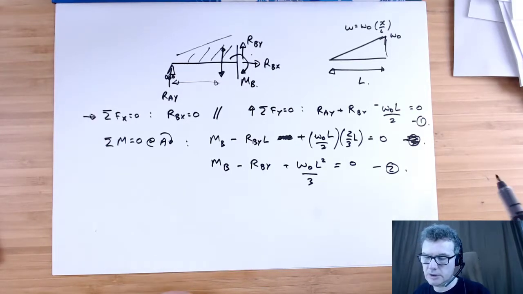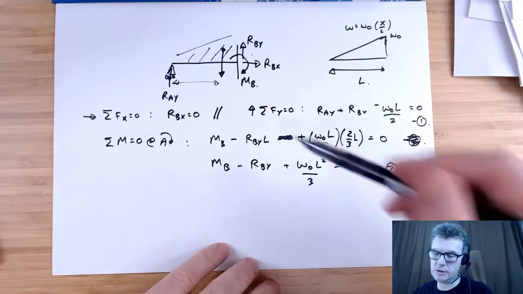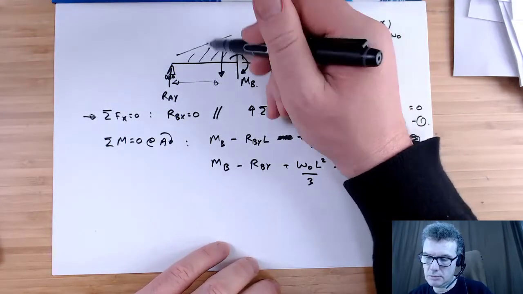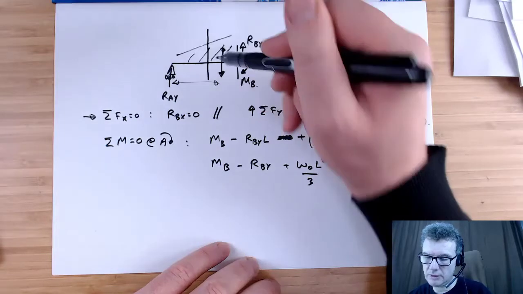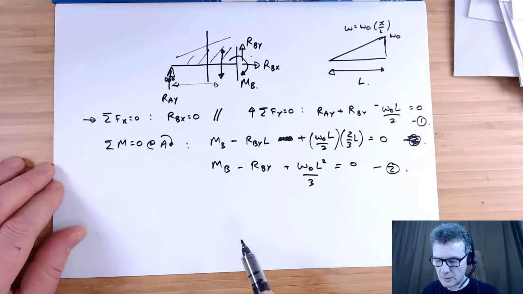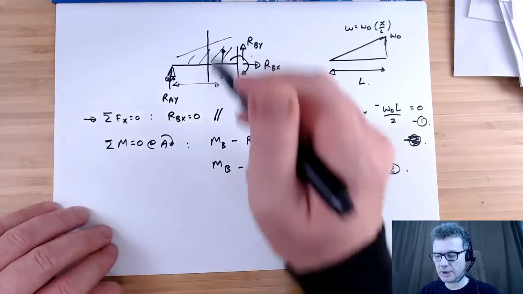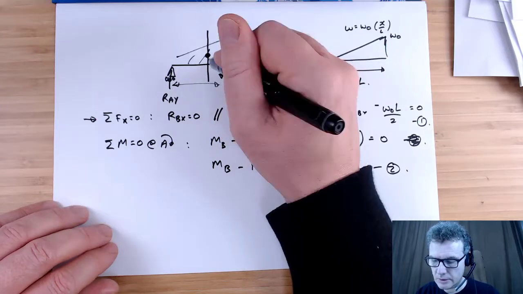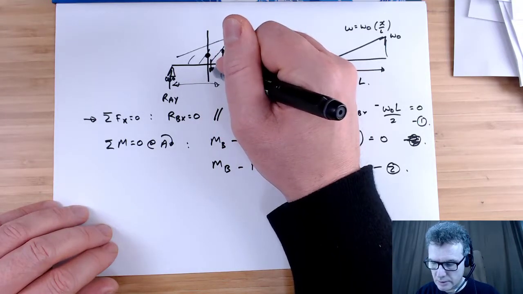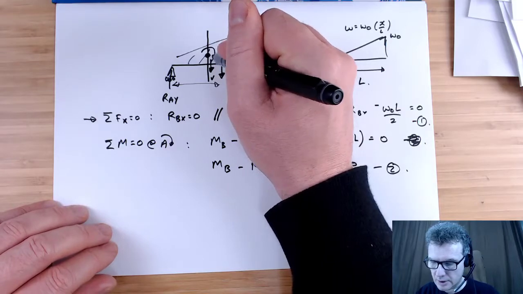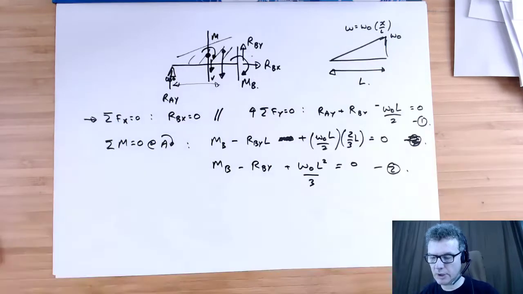The next thing I can do is to take a cut through my beam and then look left of me. So I'm going to take a cut there, look left, then that's going to expose internal forces, a shear force V and an internal bending moment.